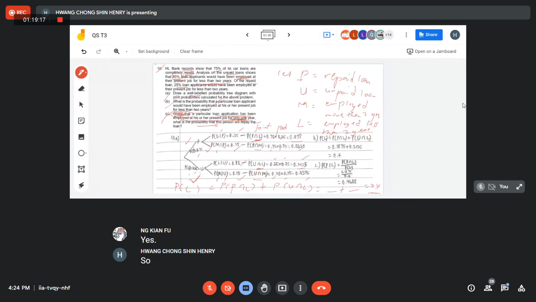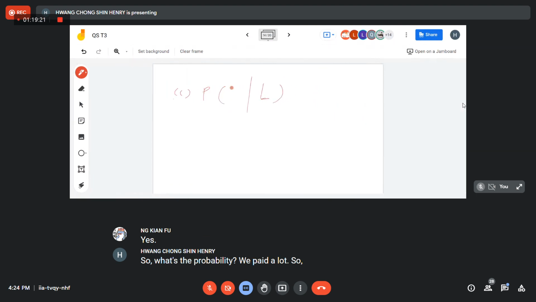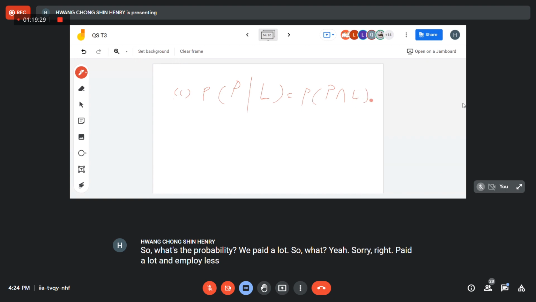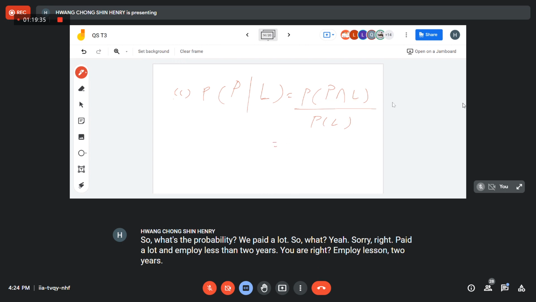So what's the probability of repaying the loan? How do you write? Pay the loan and employed less than 2 years, divided by employed less than 2 years. So P of R and L is which one?